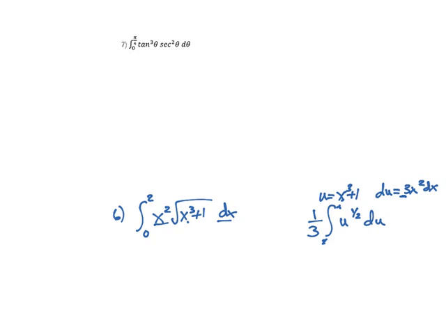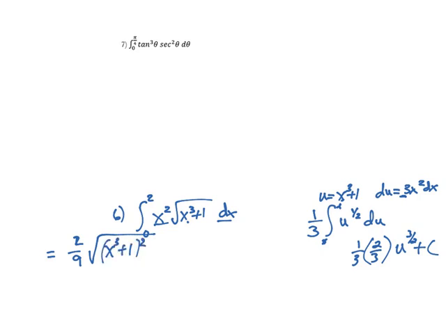So u to the 1/2, when I integrate that, that's going to become 3/2. So it's going to be 1/3 times 2/3 u to the 3/2. And then I will put a plus c because my particular integral was not a definite integral. So when I come back to my original problem, I'd have 2/9 times, let's see, u to the 3/2, which means square root of u, which was x cubed plus 1, squared.